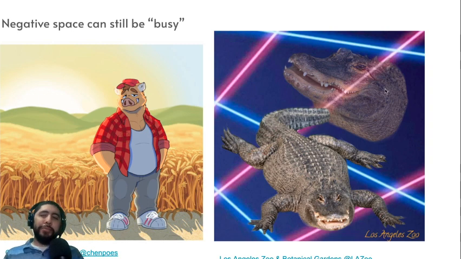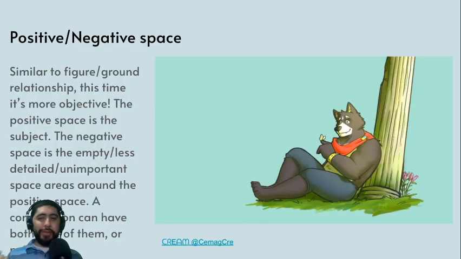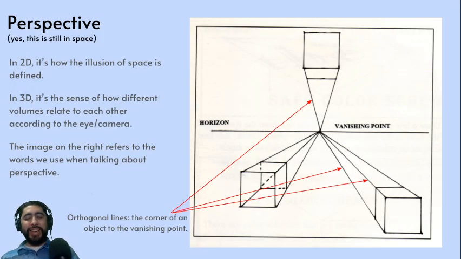The reason I have this one is because some people might consider this gator to still be positive space. I would consider it to be negative space, more of decoration. So these show examples of positive, negative space not always having to be perfect, like this one. Oh, what a cutie.